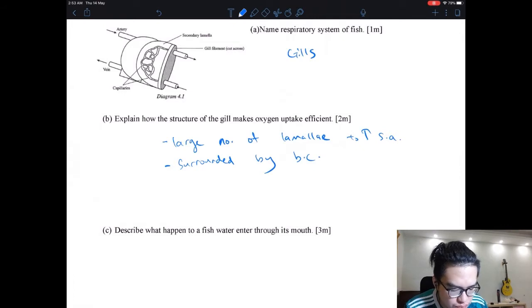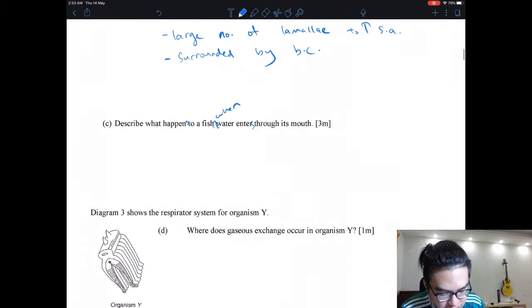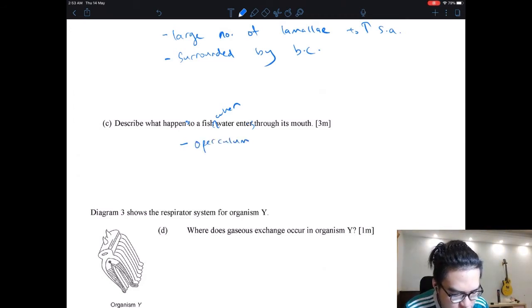Describe what happens to a fish when water enters through its mouth. So basically inhalation. You can say operculum closes, buccal floor lowers, mouth opens.